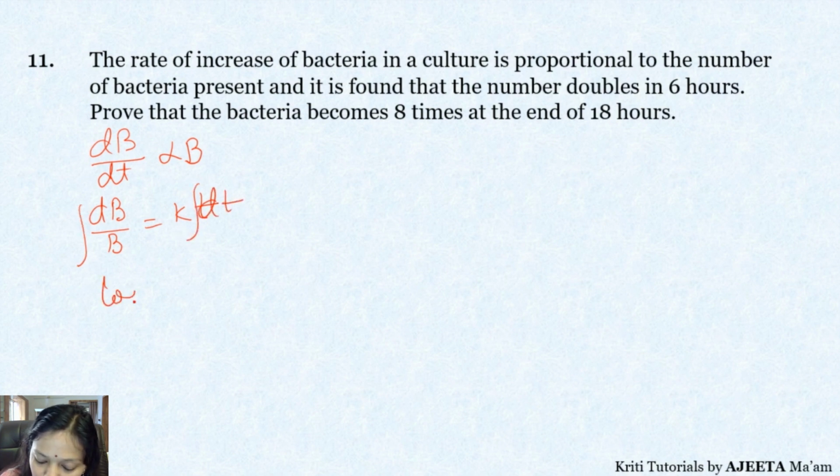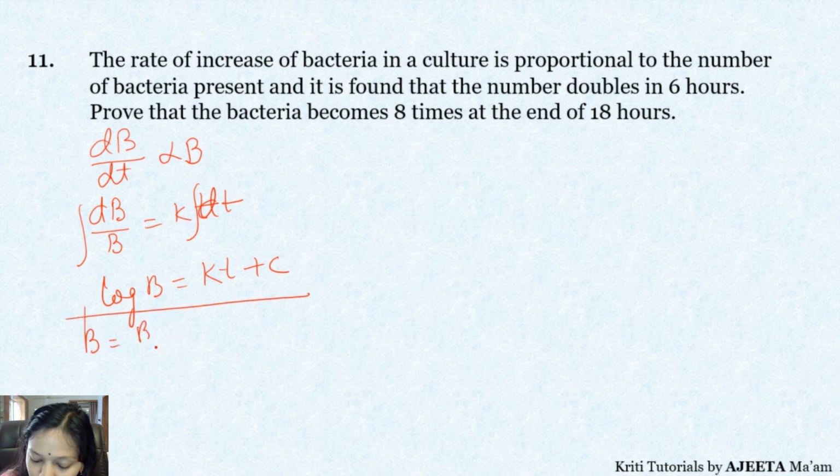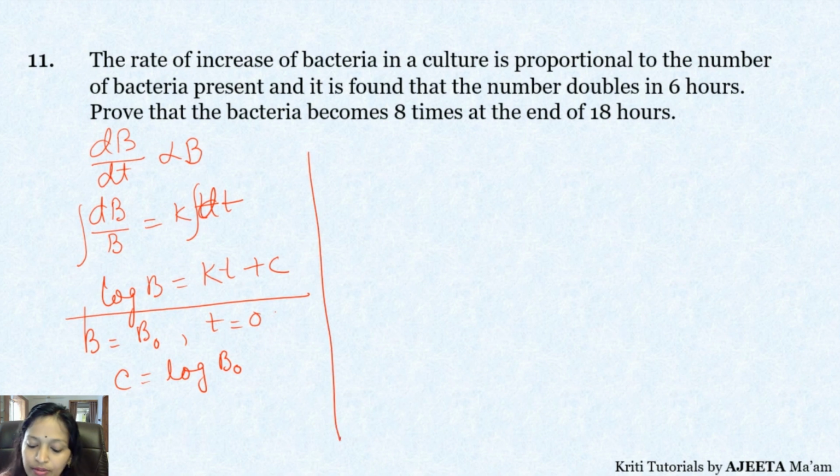So log b will be equal to kt plus c. Right? Now we have to find c. Let's take the initial count. So let the bacteria count be b0 initially when time is 0. So your c will become what? Log of b0. Now let's use the conditions. It is found that the number doubles in 6 hours.